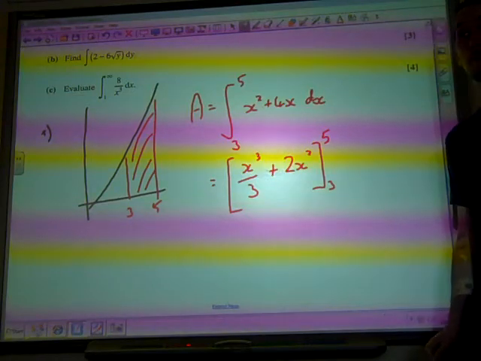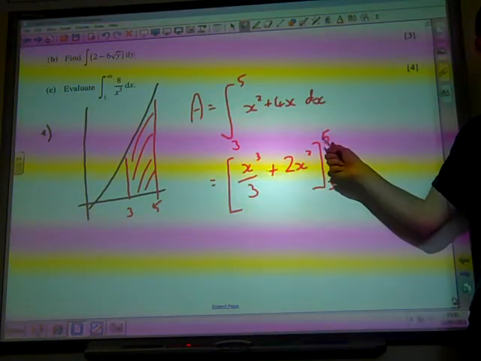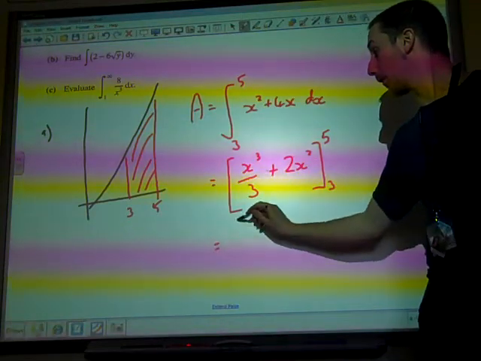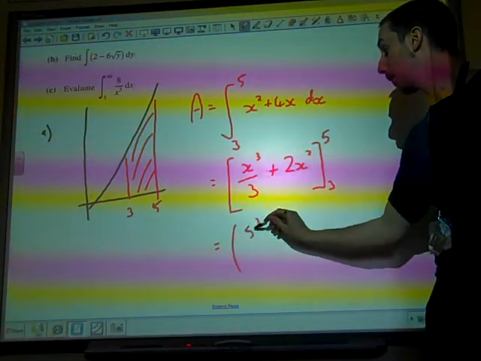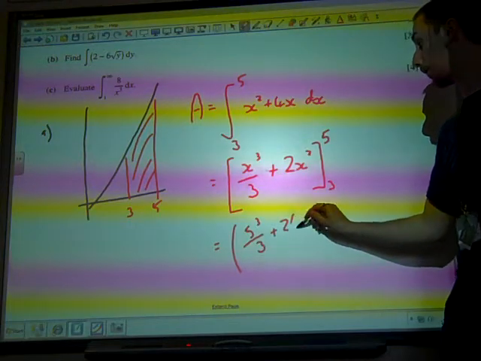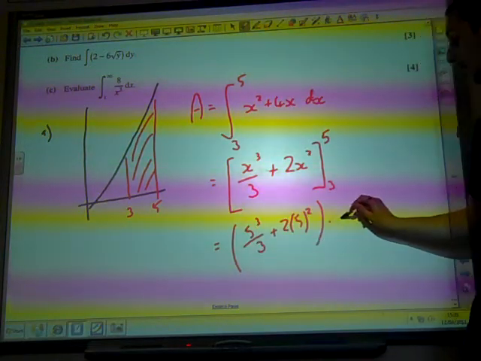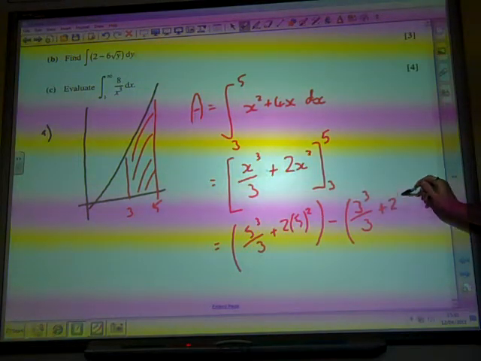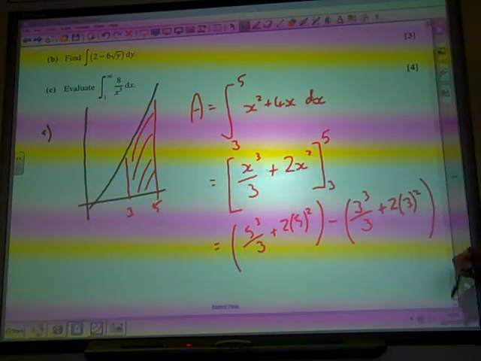Alright, and then we put the numbers in, so we sub in the top value and sub in the bottom value and subtract. So we've got 5 cubed over 3 plus 2 times 5 squared, take away 3 cubed over 3 plus 2 times 3 squared.